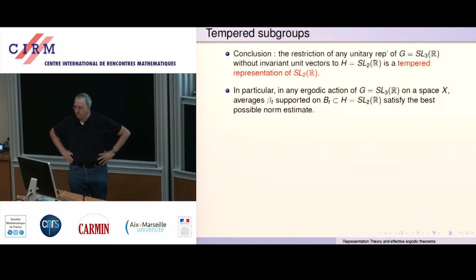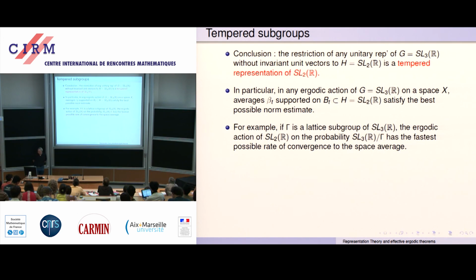And for us, this is a very useful fact. So, for example, if gamma is a lattice subgroup of SL3, the ergodic action of SL2 on the probability space SL3R mod gamma has the fastest possible rate of convergence to the space average.